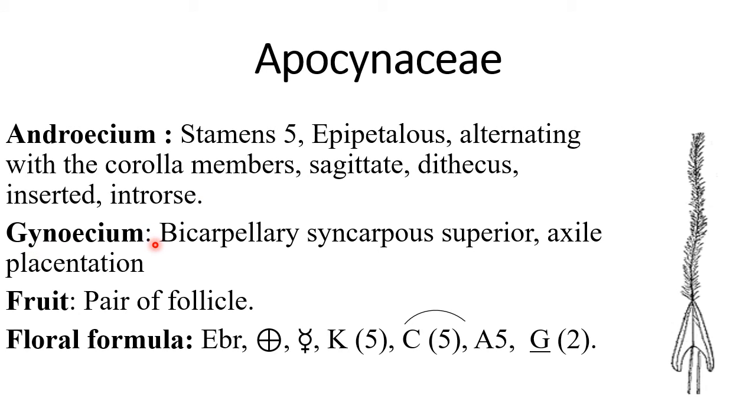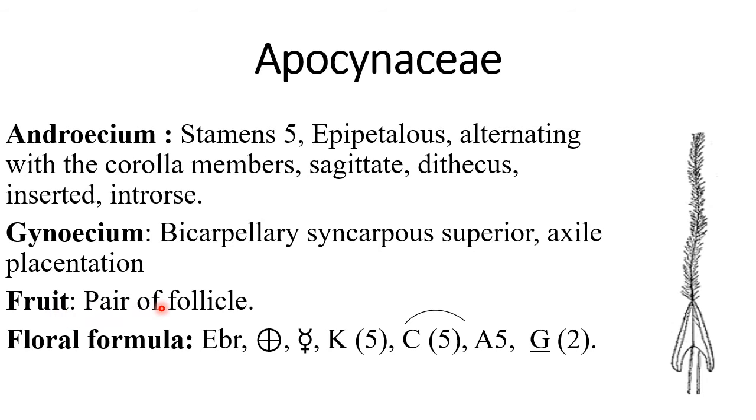Gynoecium member is carpel. In this family it is bicarpellary. Syncarpous means carpels are fused. Superior, axile placentation is seen. We'll see all these figures in the next slide.